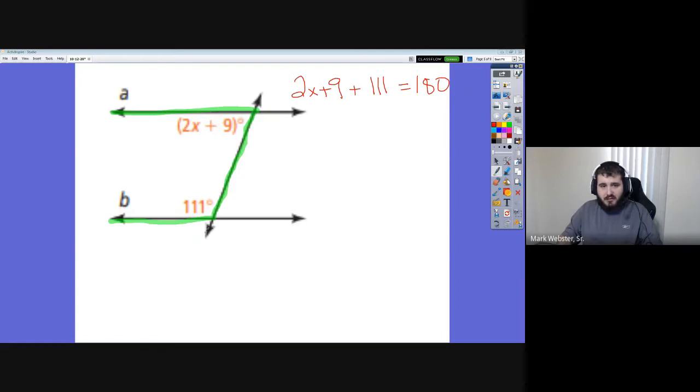They're both on the inside of the two lines, and they're both on the left, right? See the shape that they make together? So they're same side interior, which means that they're going to add up to 180. So we just say this one plus this one equals 180.